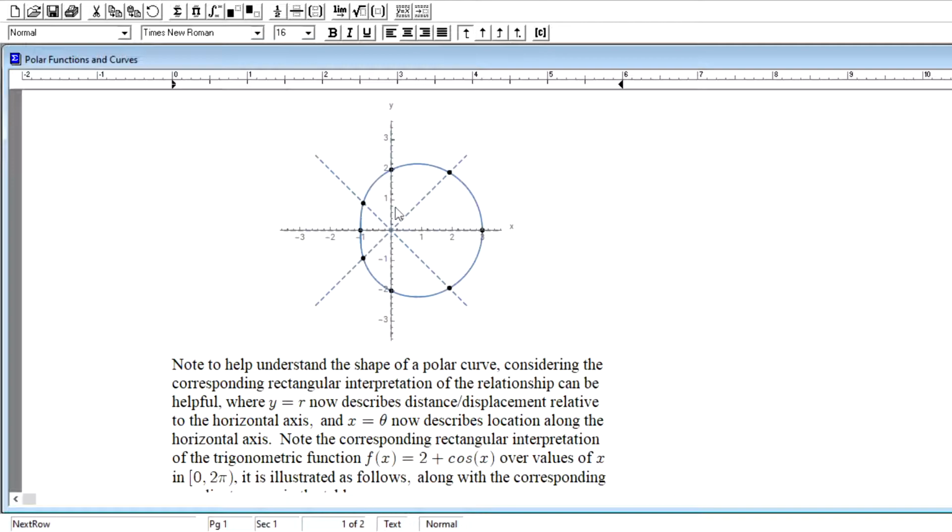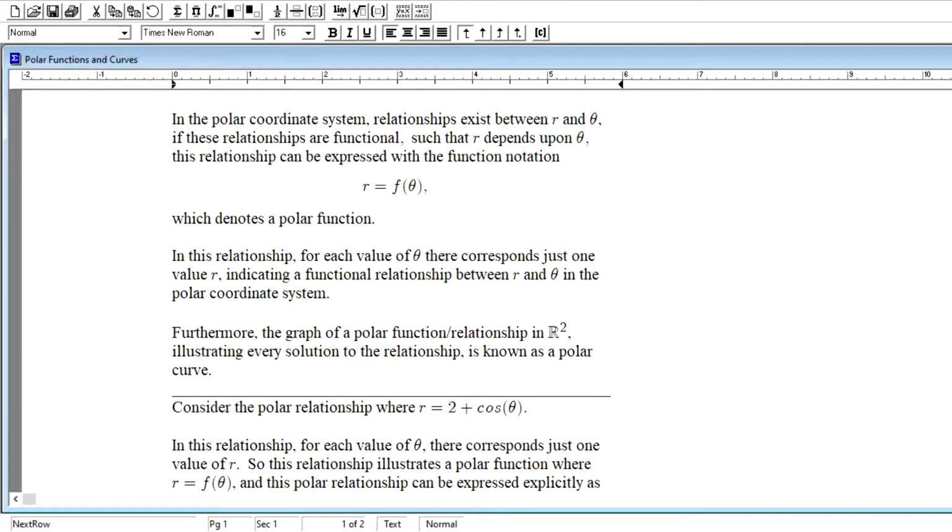They do have a relationship to the x and y values seen in those four equations that develop from right triangle trigonometry. And just like in the rectangular system, we do see relationships between r and theta in the polar coordinate system, where if that relationship is functional, such that for each value of theta there's just one corresponding value of r, we have what we call a functional relationship.